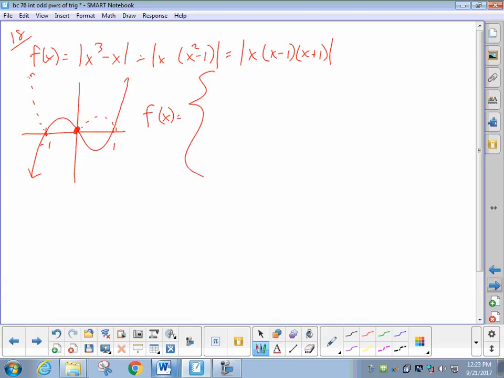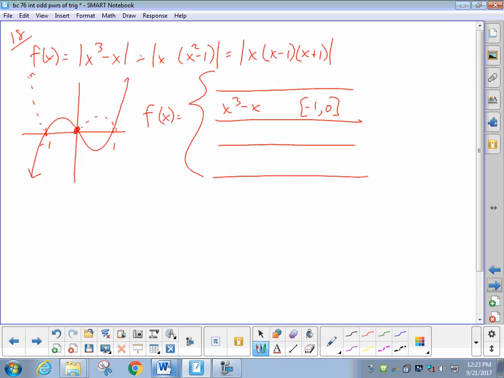So I could say that the second piece from -1 to 0 is exactly the same, x cubed minus x, the absolute value did nothing. And likewise, the far right piece from 1 to infinity was unchanged. You with me?